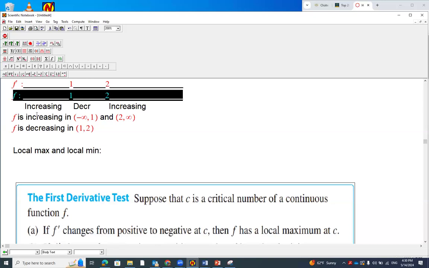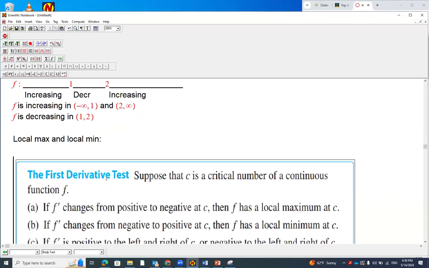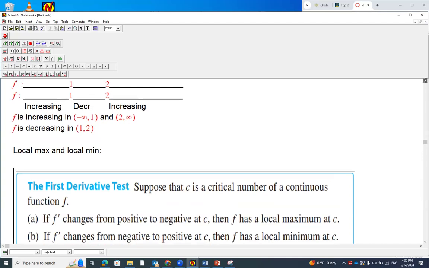In the first derivative test, we just have to apply the first derivative test. Okay, what does it say? If f prime changes from positive to negative at c, of course, first c is a critical number. We already found our critical numbers. 1 and 2 are critical numbers, right? And that's 1. Number 2, if f prime changes from negative to positive at c, right?